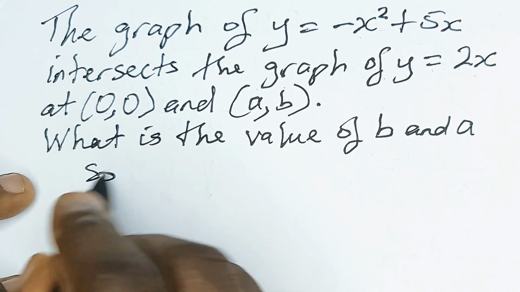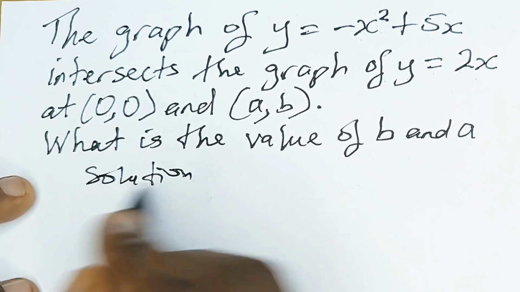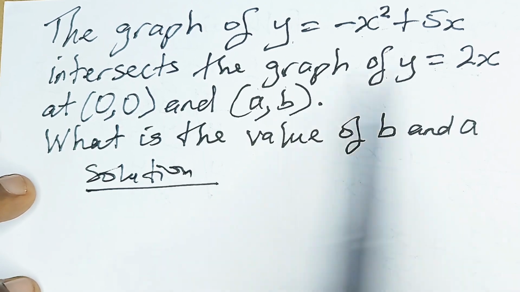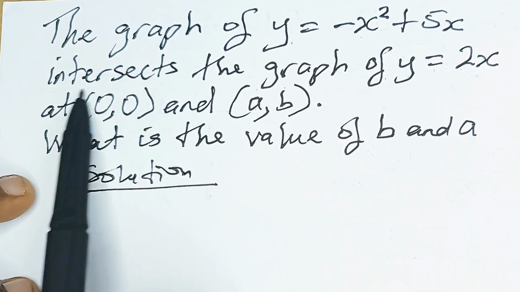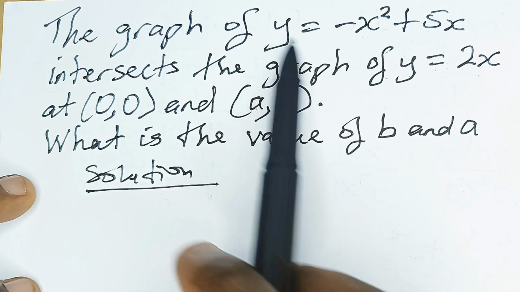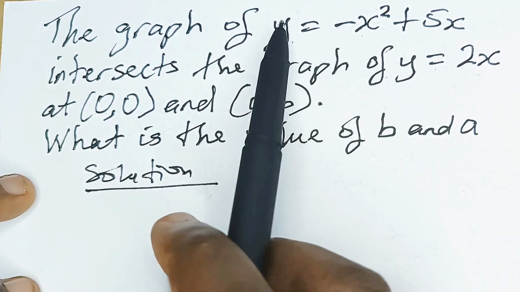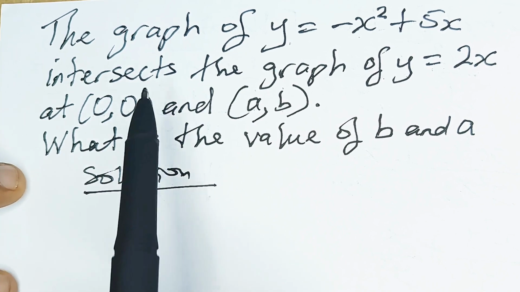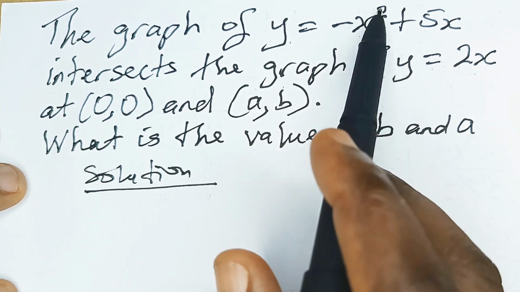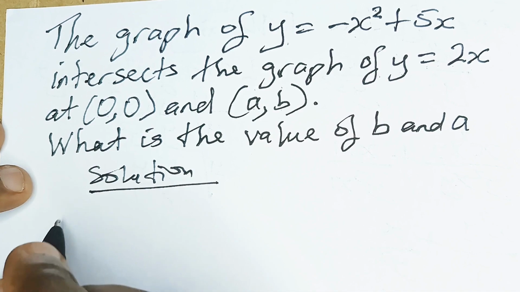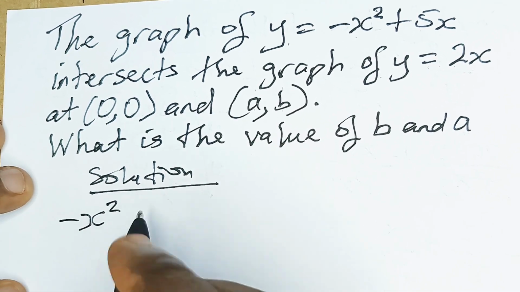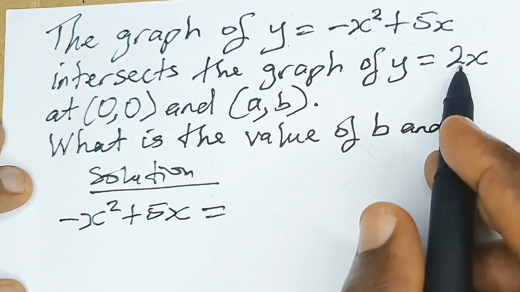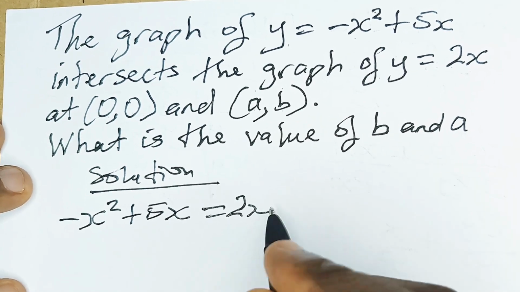So let's solve that. Solution now. Because this equation and this equation intersect, it means the value of y is the same at the point of intersect. So if you want to find the intercept of this graph, you can equate this to this. That is minus x squared plus 5x is equal to 2x.